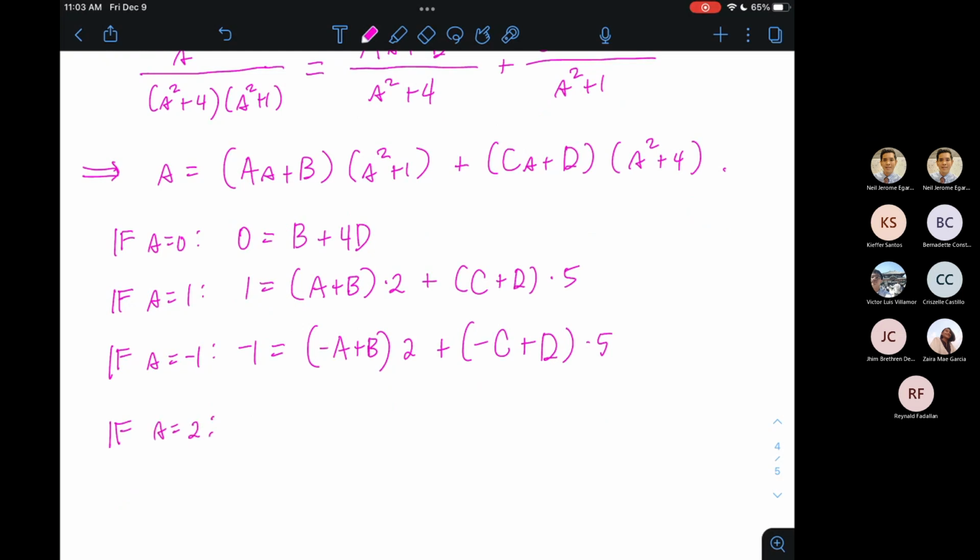Say S equals 2. So look at 2 equals 2A plus B times 5 plus 2C plus D. And then I'll have times 8. So magkakaroon ka ng 4x4 system. Okay? So you can solve this 4x4 system any way that you want. All right? Pero hindi ko na ipapakita yung solution.